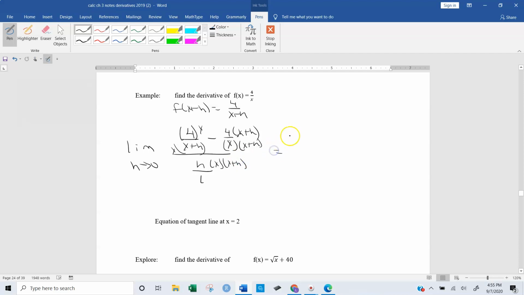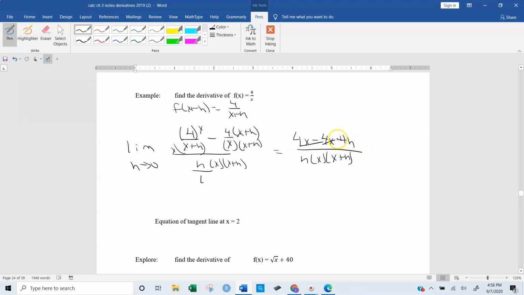All right, so in my numerator, I'm going to have 4x minus 4x, I'm going to distribute, minus 4h, all over h times x plus h. Well, these two cancel.